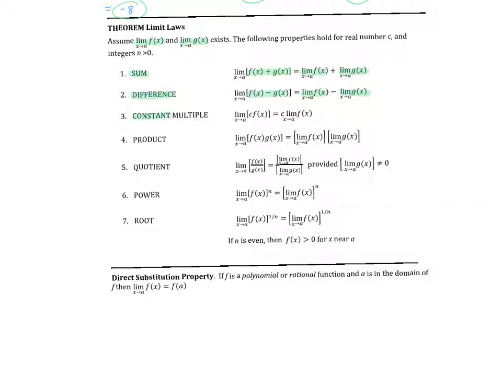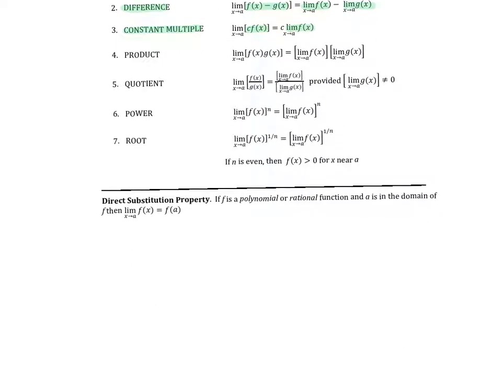So property 3, constant multiple: if you have a function times some constant real number c, again, you can multiply by that constant, then take the limit, or take the limit of the function and then multiply it by the constant. And then we have our product: multiply the two functions first, then take the limit, or take the limits and then multiply.